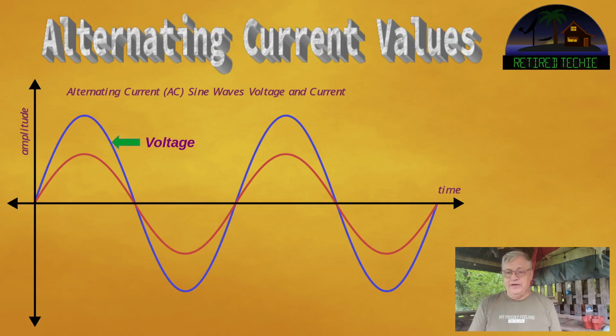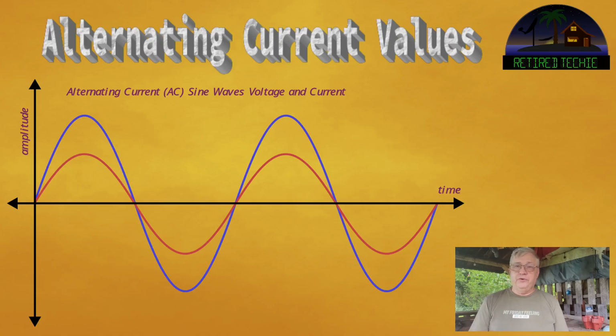You've got two actual sine waves: the voltage sine wave and the current sine wave, and as long as there's no impedance, they should be in phase. I'm not going to put any values on here because that could vary depending on what you're doing, but just be aware there are two sine waves. One's the current, one's the voltage.